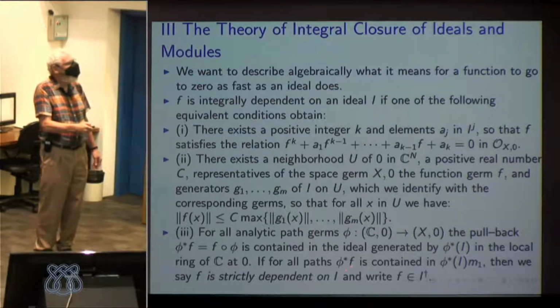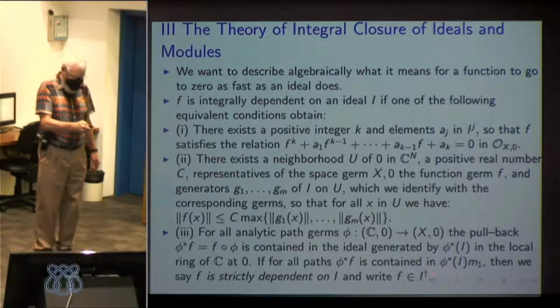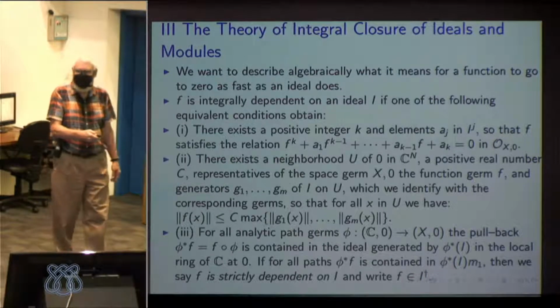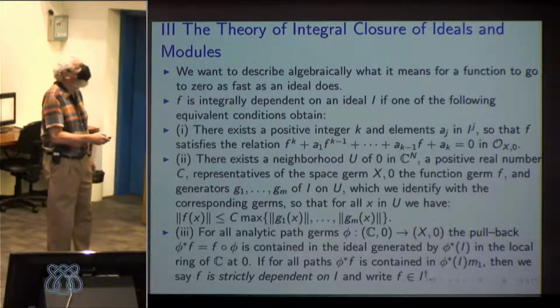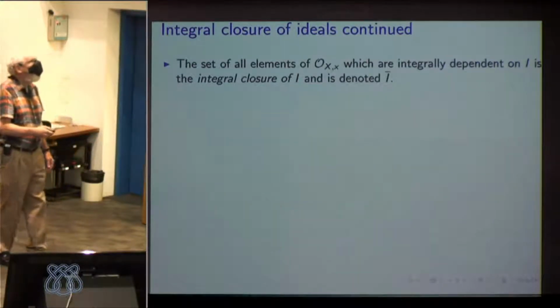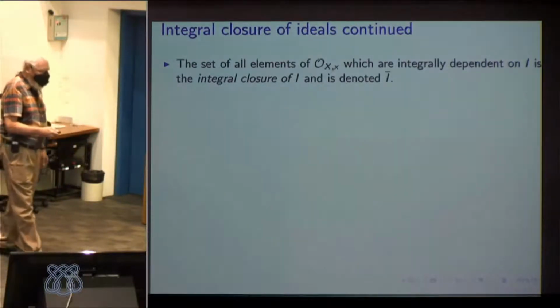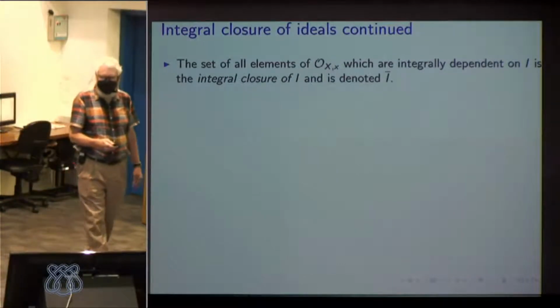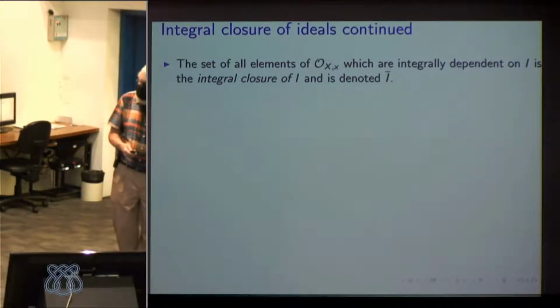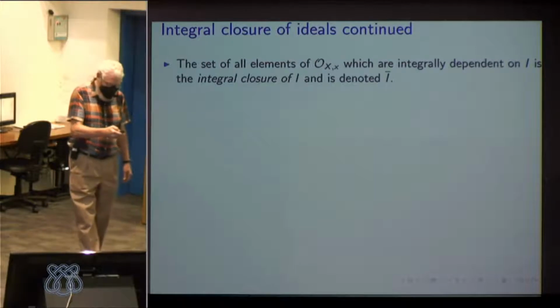And if it turns out that when I pull f back, it's actually contained in m1 phi star of I, then we say f is strictly dependent on I, and we write f is contained in I dagger. And that's a very useful notion for exploring some of the stratification conditions. Okay. So all the elements that are integrally dependent on I, that's called the integral closure, and it's denoted I bar.